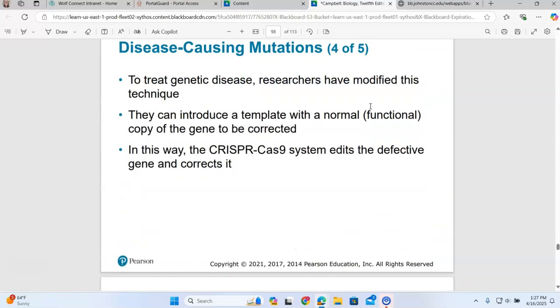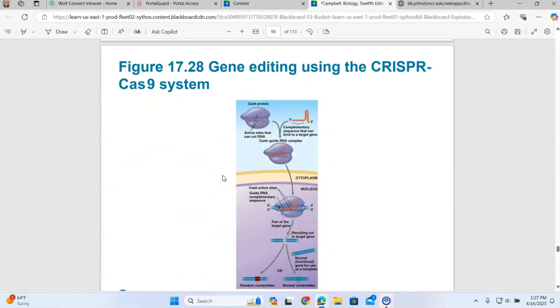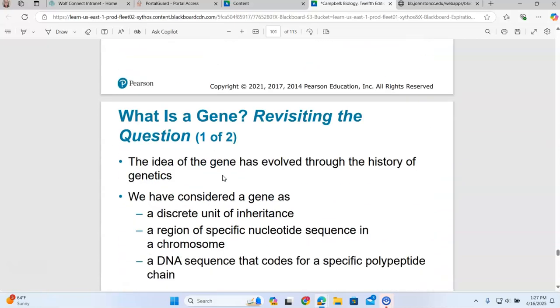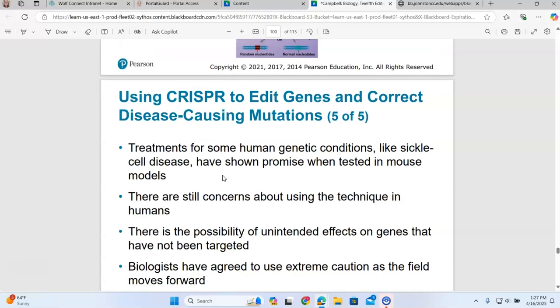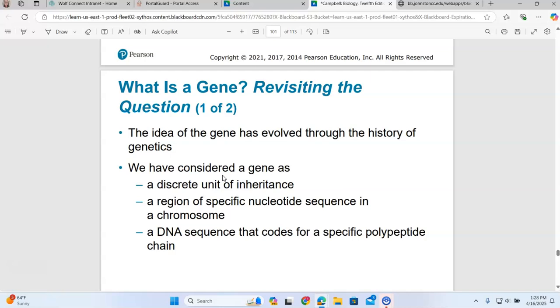There's a whole explanation here, and you can read it later, but right now I just want you to know that this technology edits the defective gene and corrects it. That's CRISPR-Cas9. We have not been able to actually correct or cure a disease with CRISPR-Cas9 yet, but we are working on it, okay?